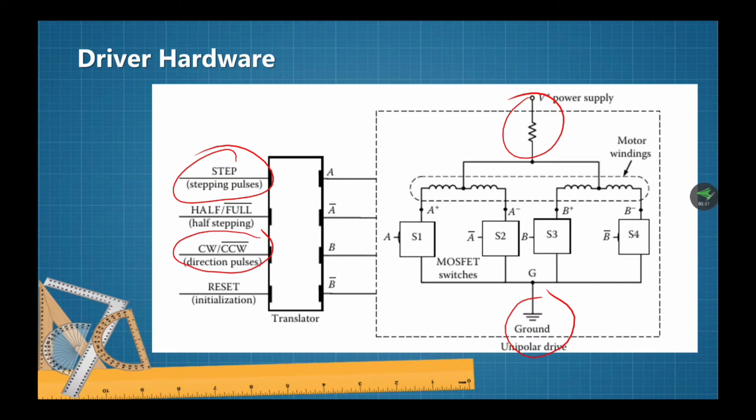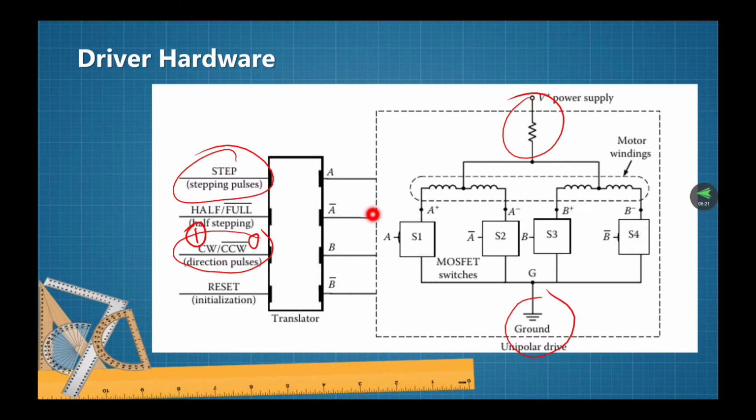A logic high state at the pin, or an open connection, will generate switching logic for the motor to move in the clockwise direction. And logical low will generate switching logic for the motor to move in the counterclockwise direction.